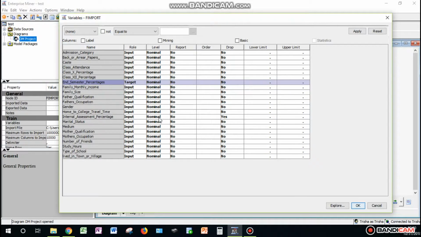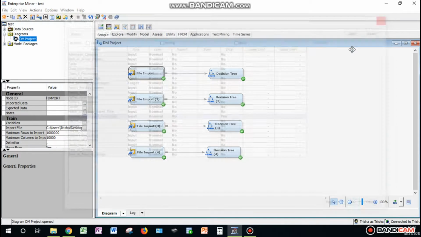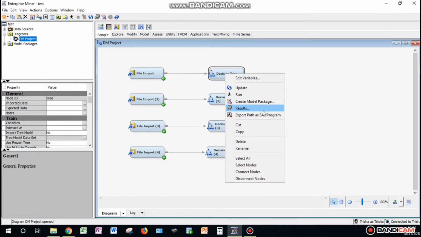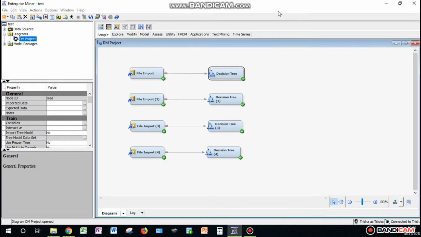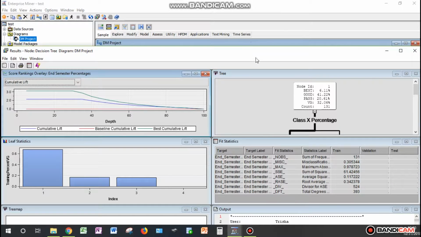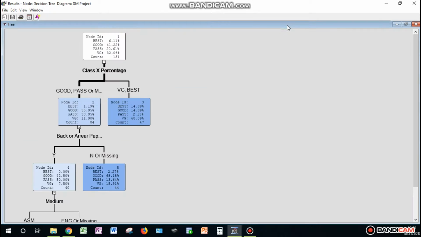So we had this as our target, the end semester percentages, which is how the student performed at the end of the semester, and we removed the internal assessment percentage, which is a continuous evaluation of the student, because we're mostly interested in how they performed at the end of a semester. So if we look at the decision tree, we can see that we're interested in very good or best on the end semester percentage.